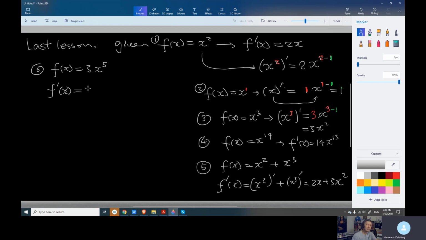Yes. Whenever you see a constant, you just keep it and put it in front of the derivative. So what is the reason we can do so?